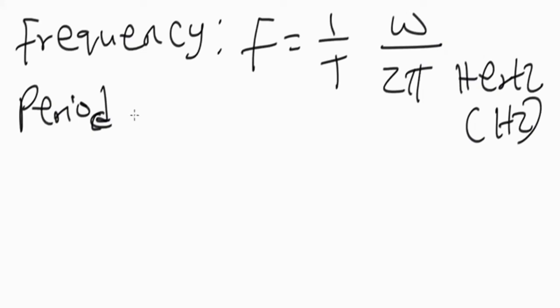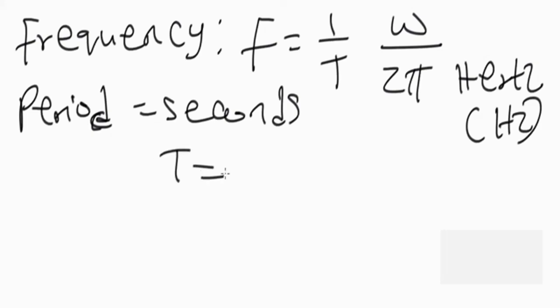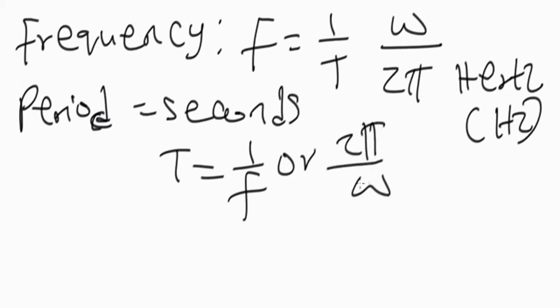Okay, now the next parameter is the period, which is the time. Period in wave motion is the time taken by a particle undergoing wave motion to complete one oscillation. Alright, so period is measured in seconds, and period is also the inverse of frequency. The period, T, is the inverse of frequency, or it can be calculated using 2 pi over w.